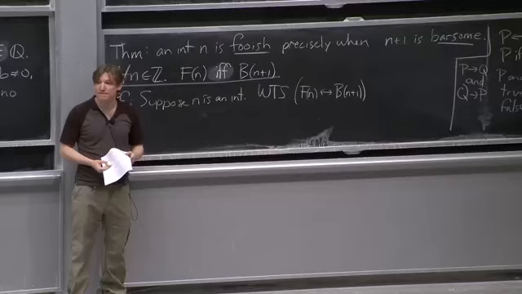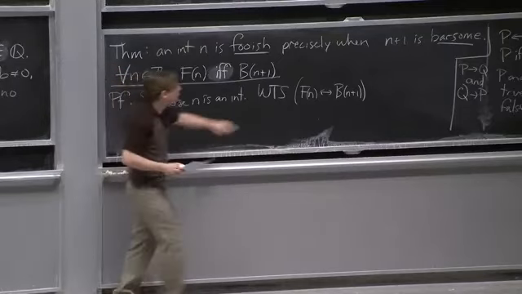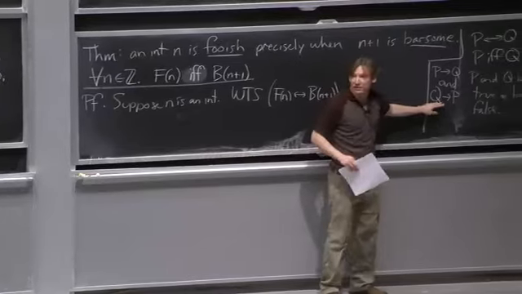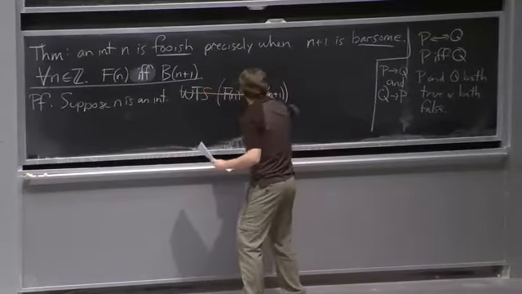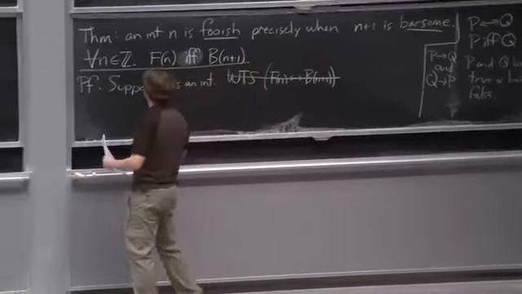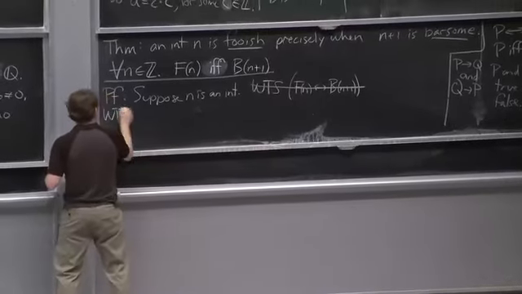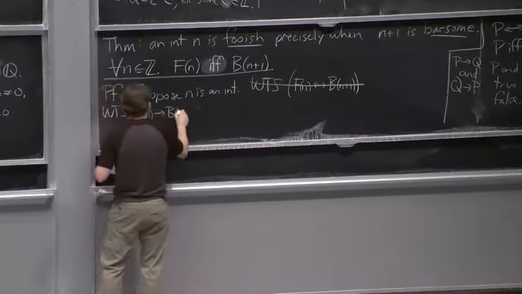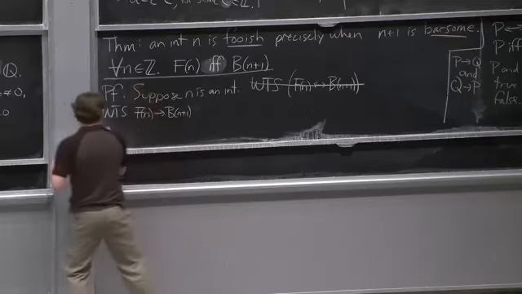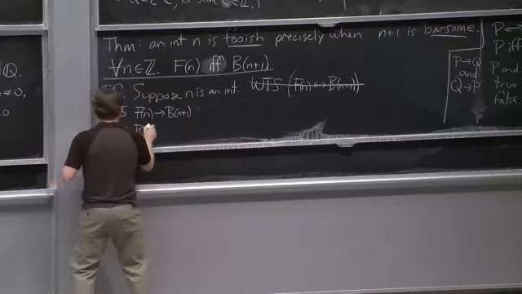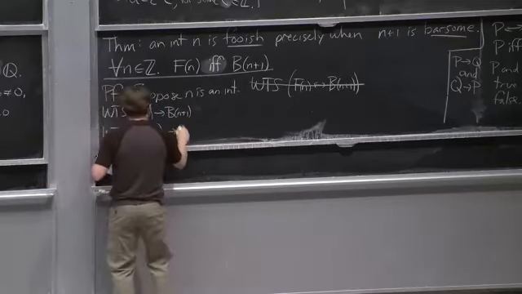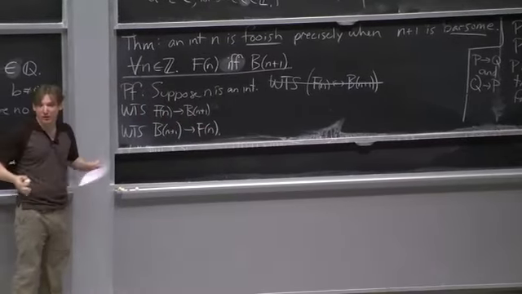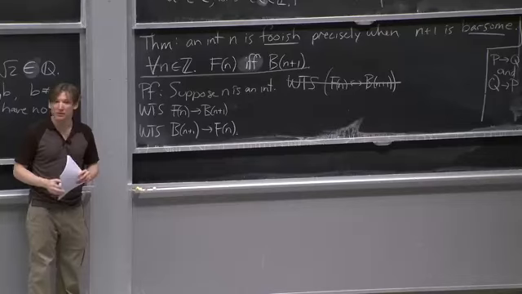OK. Well, now we want to show an if and only if, which we know is defined like this. So really, we can be a little more precise. We want to show that F(n) implies B(n plus 1), and that B(n plus 1) implies F(n). And once we've done both of those tasks, we will have proved the if and only if.